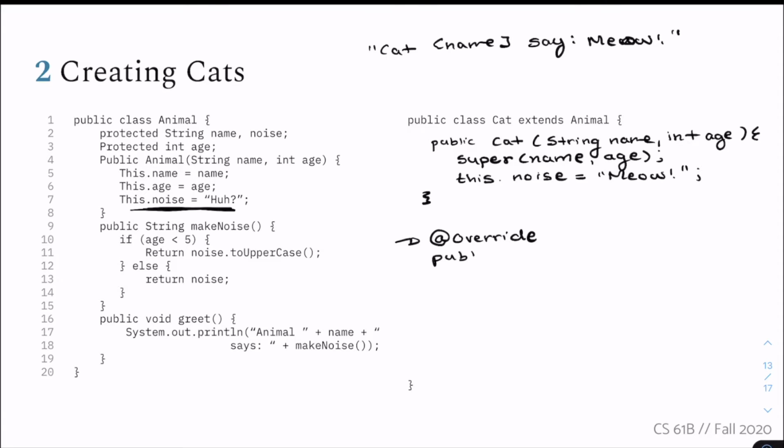And then we do public void greet, because it has to match the greet function here. And then what are we printing?